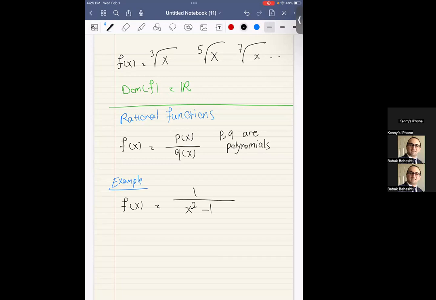Whenever you have a rational function, you have to be careful about the domain, because there is a restriction on the denominator. In general, whenever you have p of x over q of x, the restriction is that q, the denominator, cannot be 0.